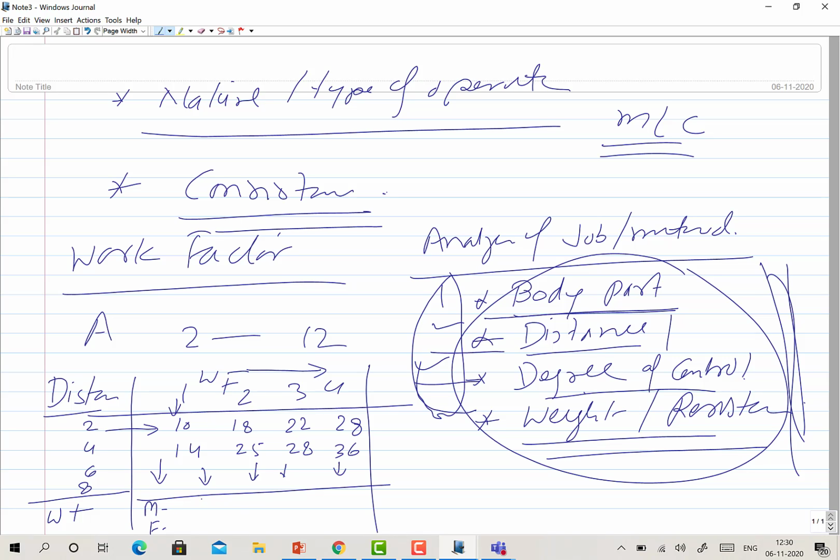So if up to say 2 pound, there may not be any effect, if it is 7 pound or 12 pound or 16 pound, like this. So the different amount of the weights involved will be leading to the different work factors. So the things that are affecting is, one is distance, second is weight, and third is the body member.